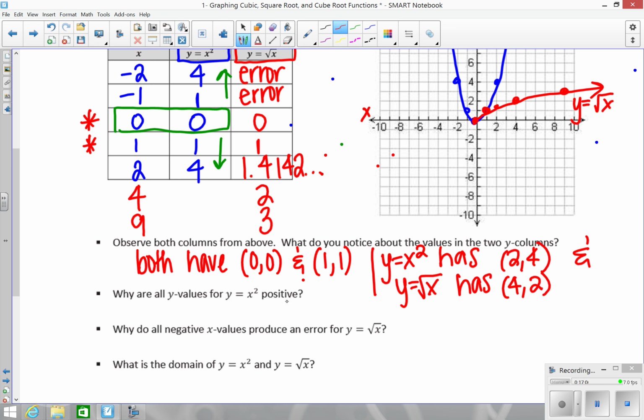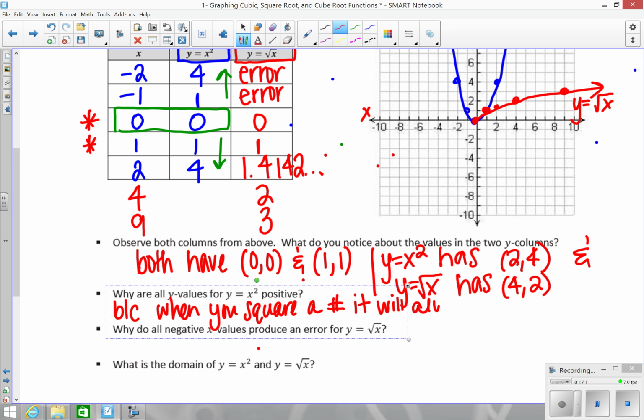So why are all y values for y equals x squared positive? Because when you square a number, it will always be positive.